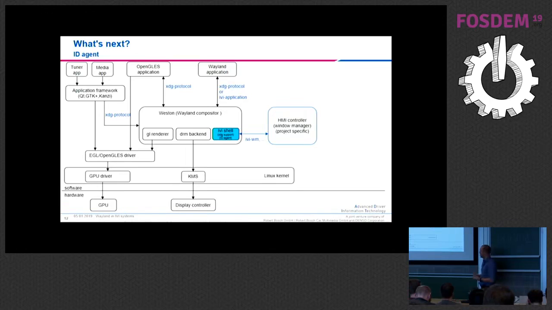Something like Qt or OpenSceneGraph already have support for XDG, but they also have support for the IVI application protocol, but it is not really well implemented and not really widely used. It's definitely better to focus on the XDG protocol in the application frameworks. And with this ID agent implementation, we are able to make applications visible without any modifications on the framework or application side.